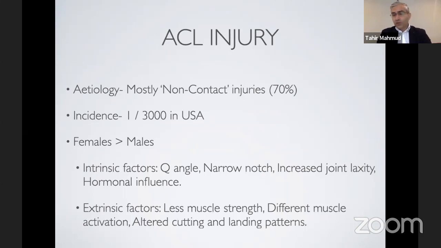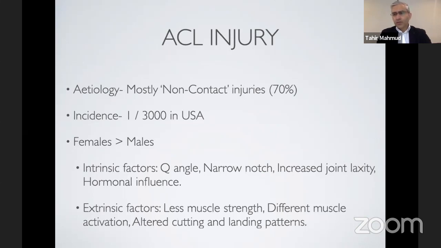Obviously, they can occur from contact injuries as well, and usually in the context of a contact injury, they can be associated with other soft tissue injuries as well as the ACL. How often do they occur? Well, in the US, they roughly occur in 1 in 3,000 people.